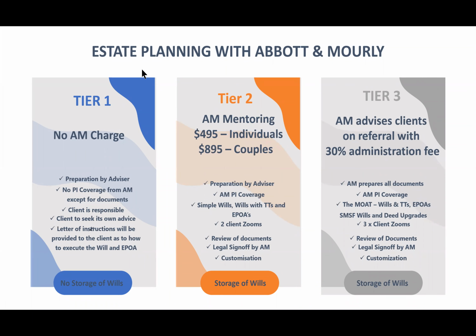The client's responsible, and the client's to seek its own advice. So what the advisor should do in that instance is advise his client at the end of the day whether he wants legal sign-off on it. If not, make sure that the advisor actually writes out to its client confirming those instructions, which is what's on file.